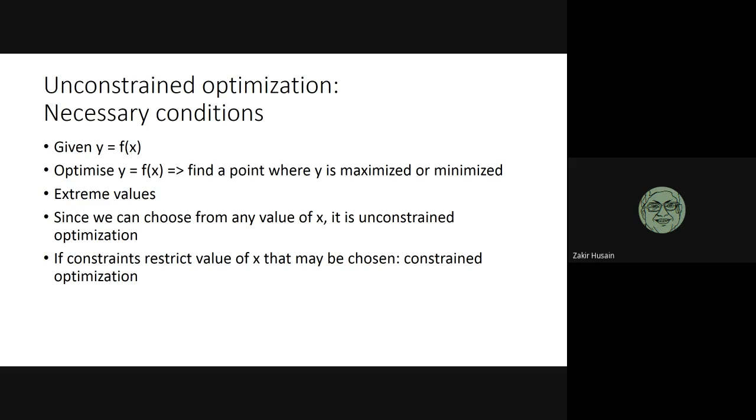Generally, we take a function with a single variable and find out the optimization conditions, that is max or min. Then we increase the number of variables and find out the optimum, and the third step is we impose constraints on the values of x1, x2, x3. This is constrained optimization. In a one variable case, we generally don't study constrained optimization.